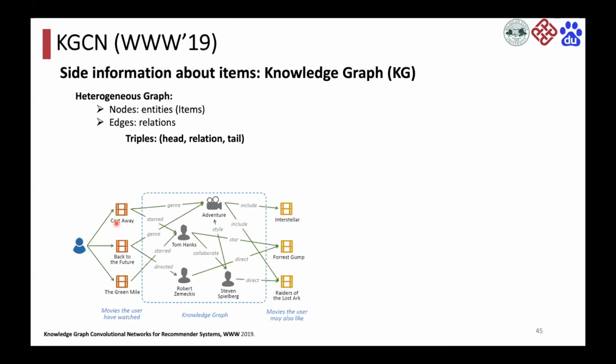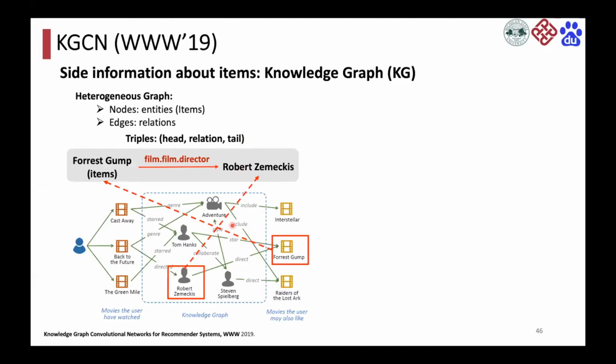These knowledge graphs can provide the connection information between the items via different types of relations, and allow us to capture the semantic relatedness of the items. These connections can be formulated as tuples: head, relation, and tail.